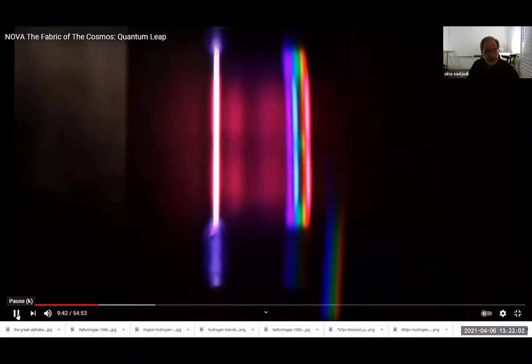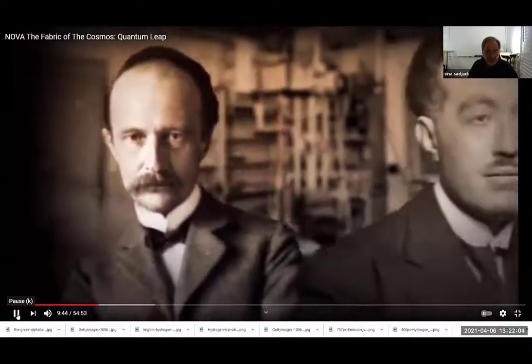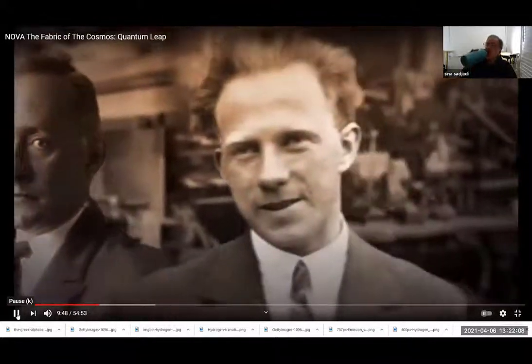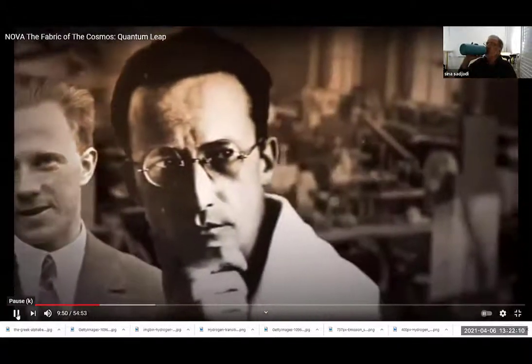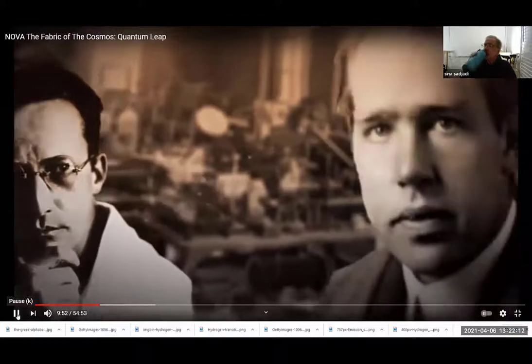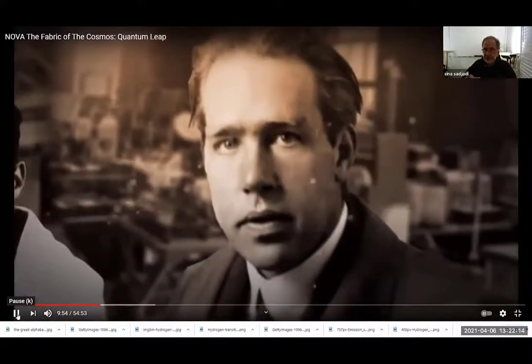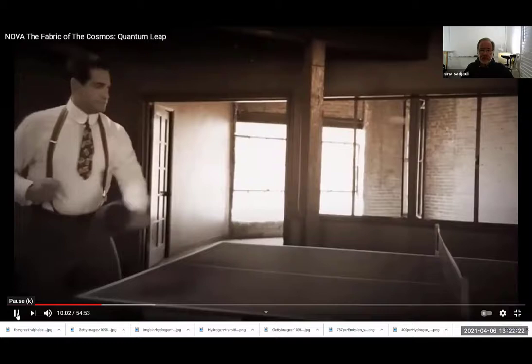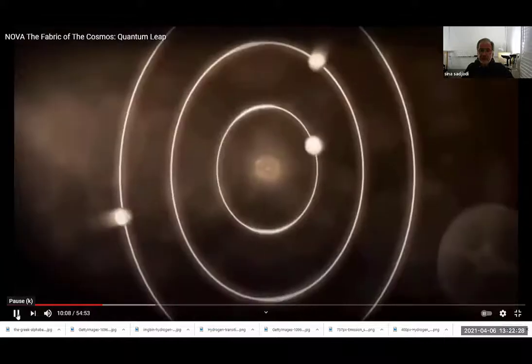An explanation for the mysterious lines of color would come from a band of radical scientists who at the beginning of the 20th century were grappling with the fundamental nature of the physical world. And some of the most startling insights came from the mind of Niels Bohr, a physicist who loved to discuss new ideas over ping pong. Bohr was convinced that the solution to the mystery lay at the heart of matter, in the structure of the atom.